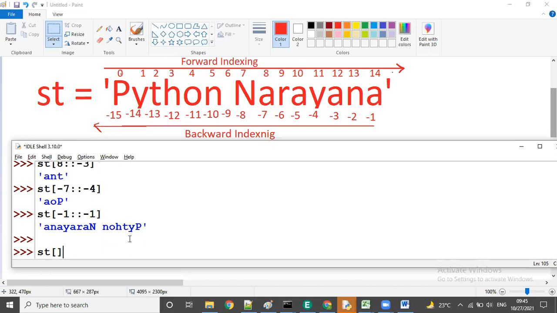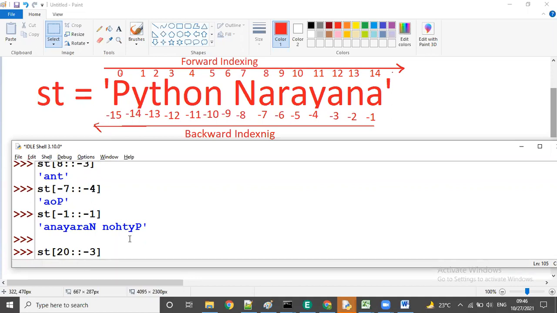Now string of, guys, I'll take, suppose, 20 double colon -3. All of you, give a reply now. I am taking the starting value outside the range, and I am taking the increment also.